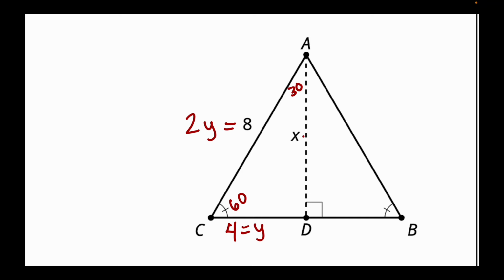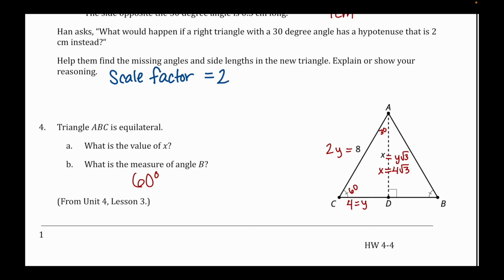And the height of this, or the altitude of the triangle, is going to be y times the square root of 3, or just whatever the short side is, times square root 3. So x is equal to 4 square root 3, or 4 root 3. So I'll write that here, x equals 4 root 3. And that's it for question 4.